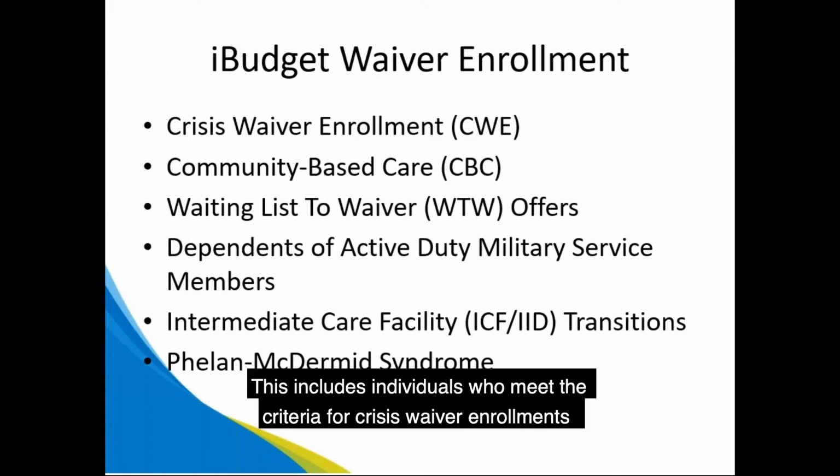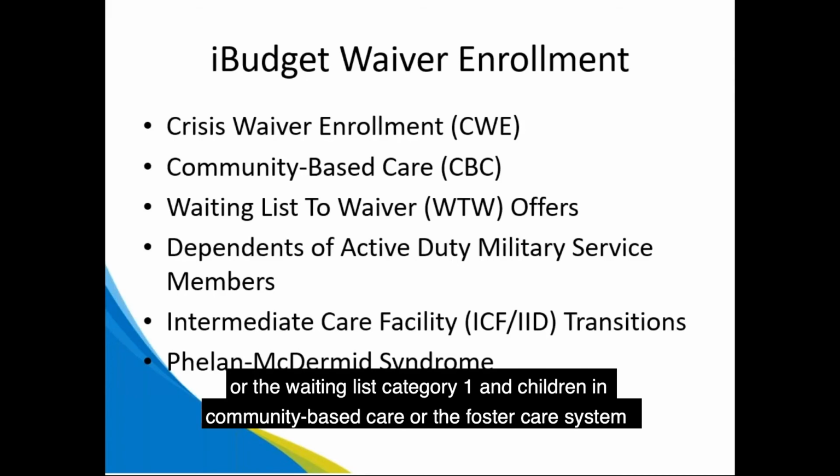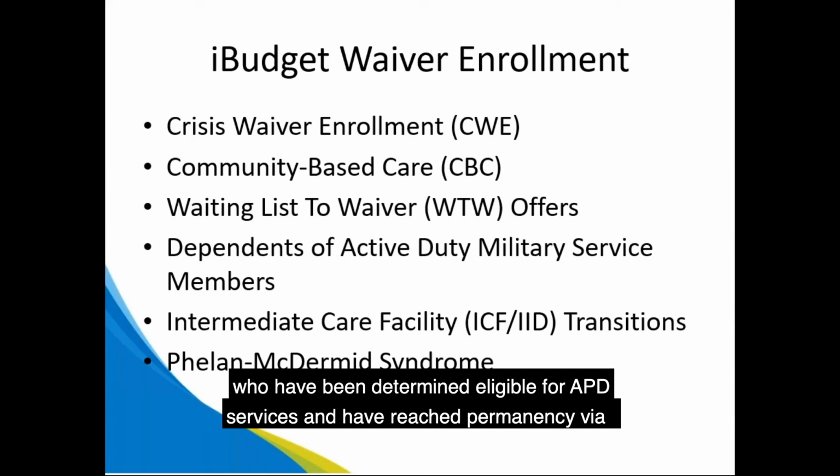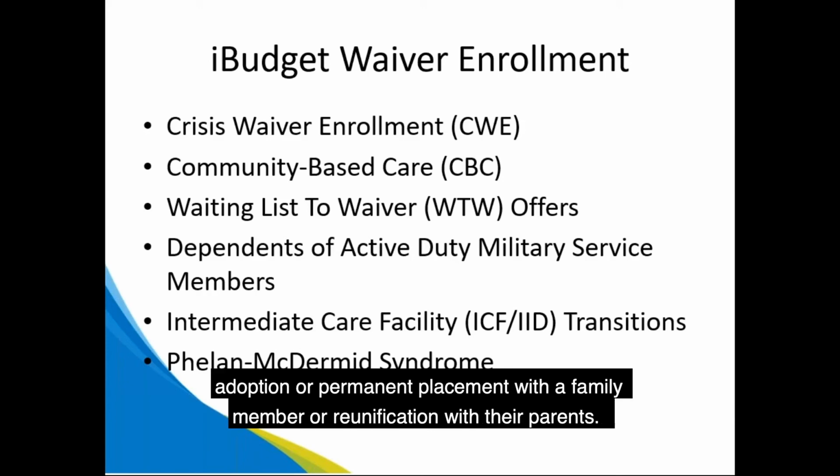This includes individuals who meet the criteria for crisis waiver enrollment or the waiting list category 1, and children in community-based care or the foster care system who have been determined eligible for APD services and have reached permanency via adoption or permanent placement with a family member or reunification with their parents.